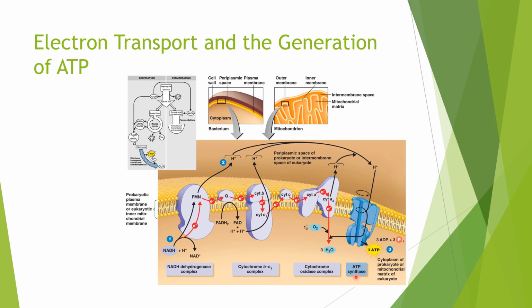If anything goes wrong with the electron transport chain, let's say the ATP synthase is not functioning properly, or the electrons are not being released, or the protons are not coming down that ATP synthase, if any of these steps gets stopped for whatever reason, then the whole electron transport chain could come to a halt, and your ATP production will stop.